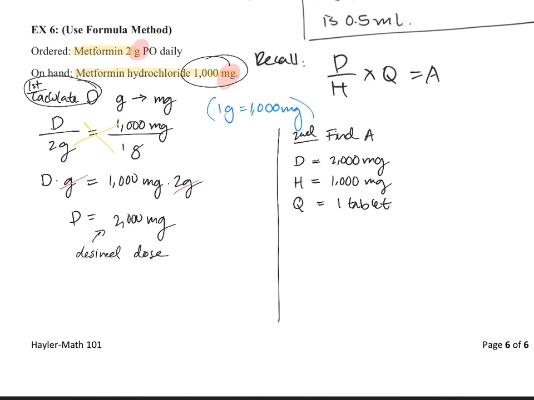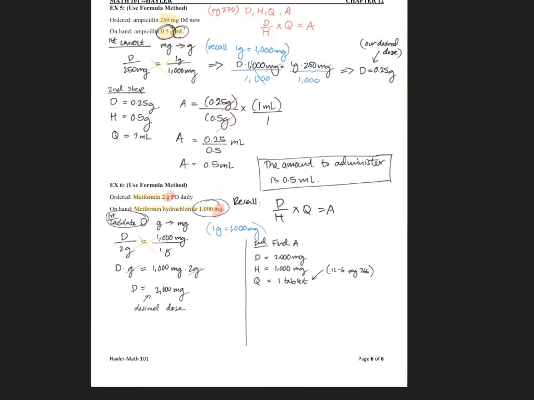I neglected to input the picture for this, where we get the 1 tablet, but if you check figure 12-6 on page 266 of your textbook, you will find that piece of information there. So the dosage is 1 tablet. Let me go back to make sure we can see this.